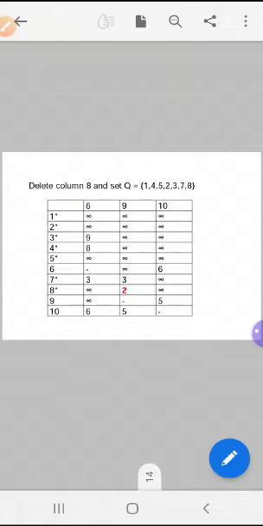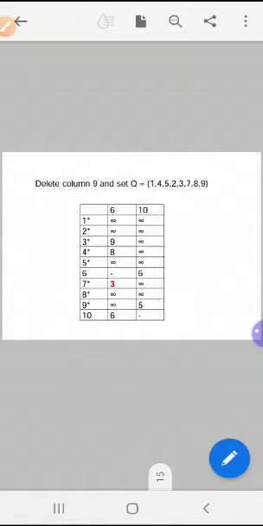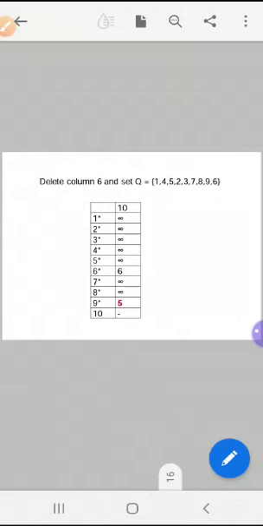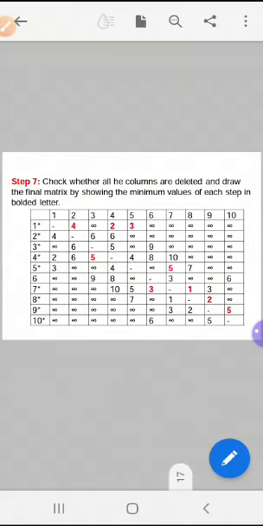Then the smallest among the star marked rows is 2. 2 corresponds to the 9th column. So delete the 9th column and put a star mark in the 9th row. Then for the next iteration, the smallest number is 3. 3 corresponds to 6. So delete 6 and put a star mark for the 6th row. And lastly, the smallest number is 5.